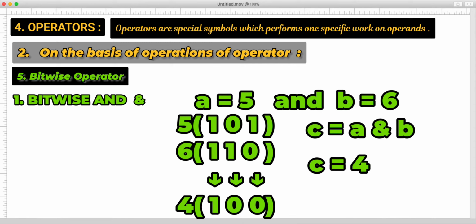Then 1 and 0 is 0. So the resultant binary code we get is 100. Then we convert it to its decimal equivalent, which is 4. So the result is assigned to c. The value of c is 4. I hope you understand the concept of bitwise AND.